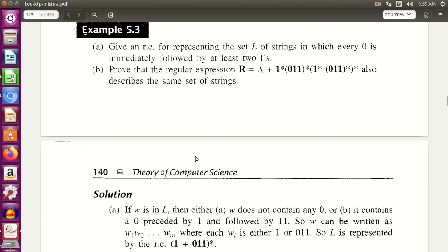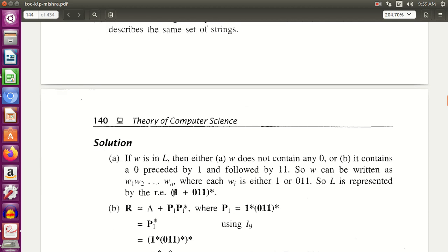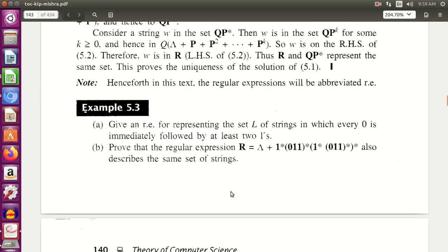Every 0 is immediately followed by at least 2 ones. So what we can do is, if we have a 0, we must have 2 trailing ones. If we do not have a 0, we can even have a single one, because for a single one no constraint is given. It's said that if we have a 0, it should be followed by 2 ones, but it's not mentioned what should be the thing if we have a single one.